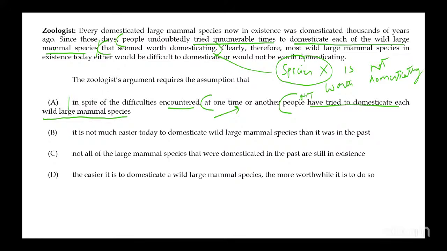Because just look at this again, that seemed worth domesticating. Even if there are some species they did not try domesticating, the argument will work because they did not see them as worthy of domesticating. So A therefore is not required. Okay.